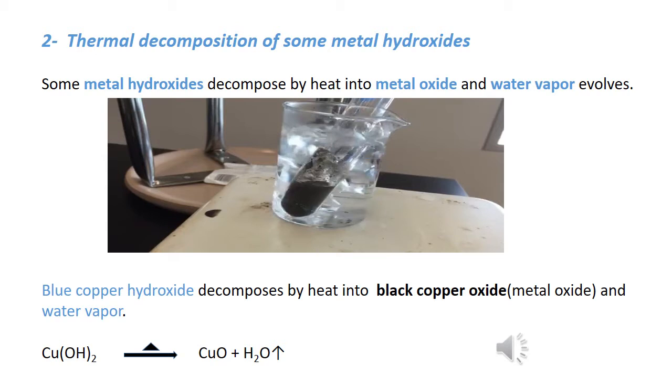It has a blue color. When we decompose copper hydroxide by heating, its color starts to change into black due to the formation of metal oxide, or copper oxide, which has a black color, and water vapor evolves.